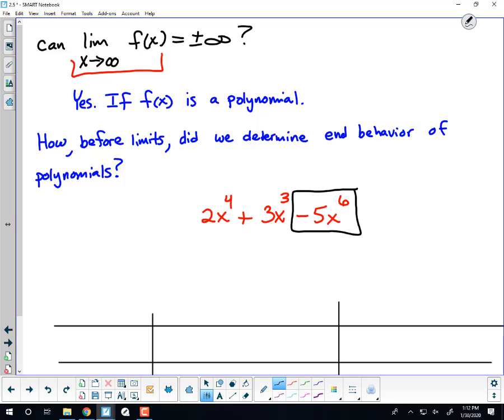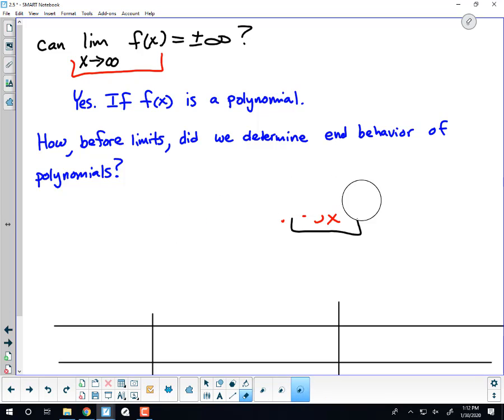We simply looked for the x that had the highest power on it. We said, all right, that's my leading term. The degree of that polynomial is 6, and here's the leading coefficient, right? So when we looked at the leading term to determine where the arrows went, we called that the leading term test. Does that ring a bell? The leading term test? So that's how we determined end behavior for polynomials before limits came about.